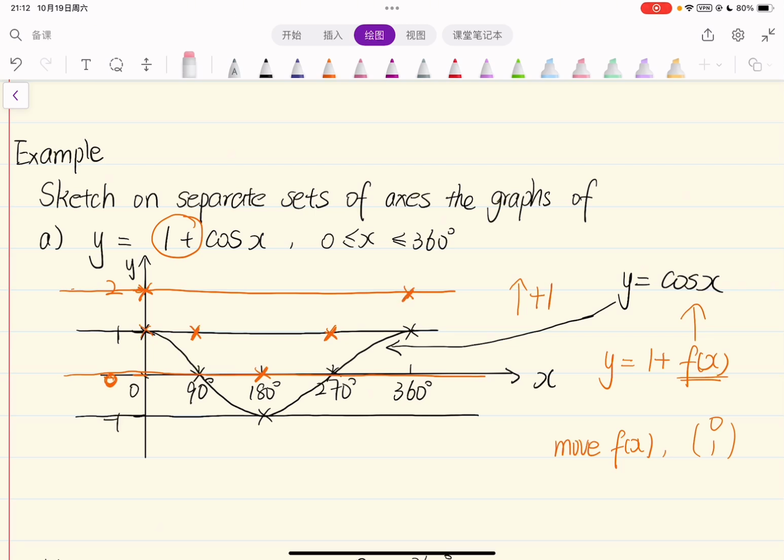So we find all the points, the orange ones, and we link them. So here is the graph of y equals 1 plus cosine x.